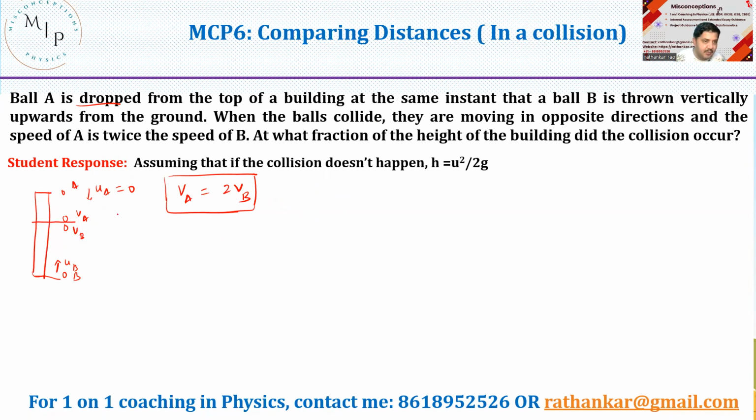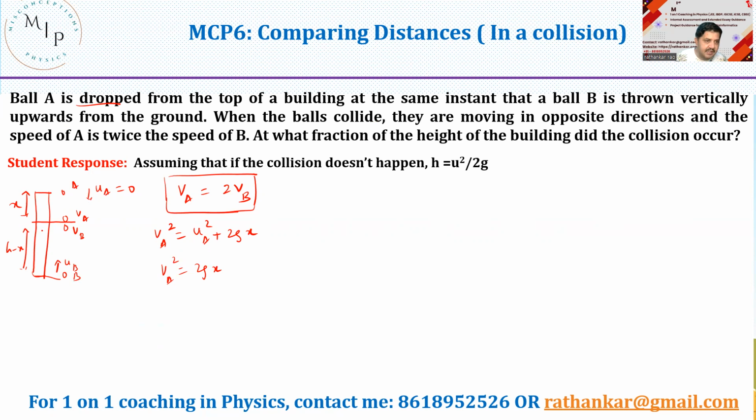He considered VA squared equals UA squared plus 2g times the distance. Let me consider this height as X and this height as H minus X. So that is 2gX, and putting UA equal to 0, we get VA squared equals 2gX.